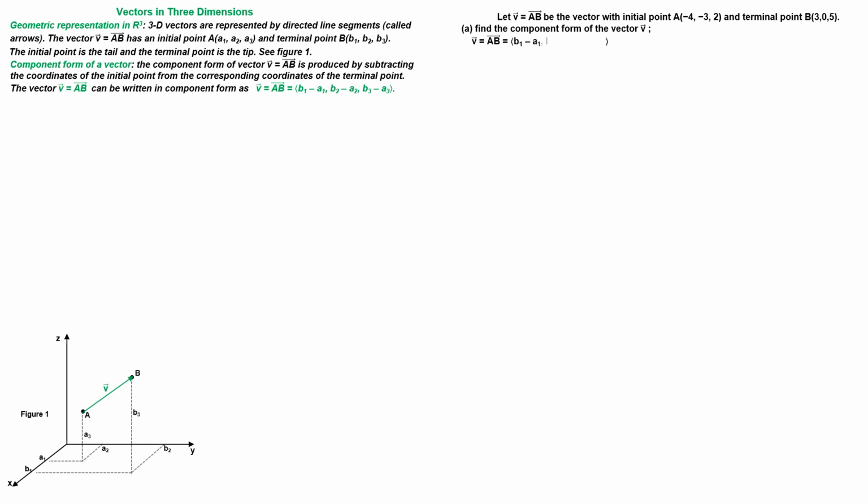Part A is simple. We subtract the coordinates of the initial point from the corresponding coordinates of the terminal point.